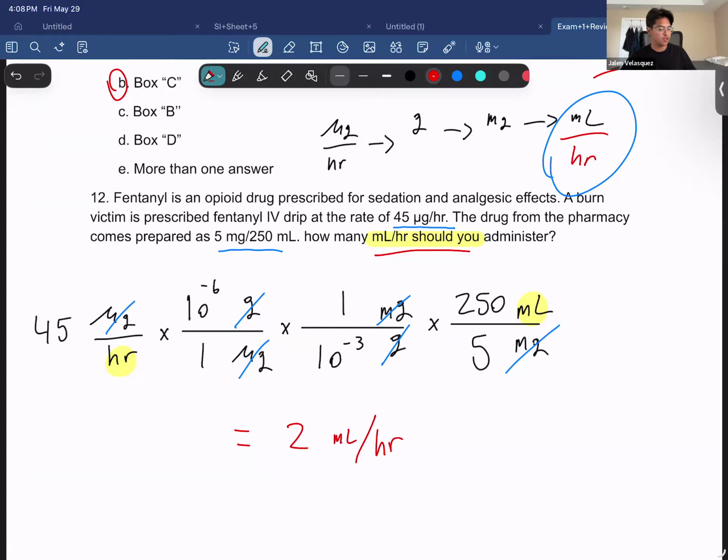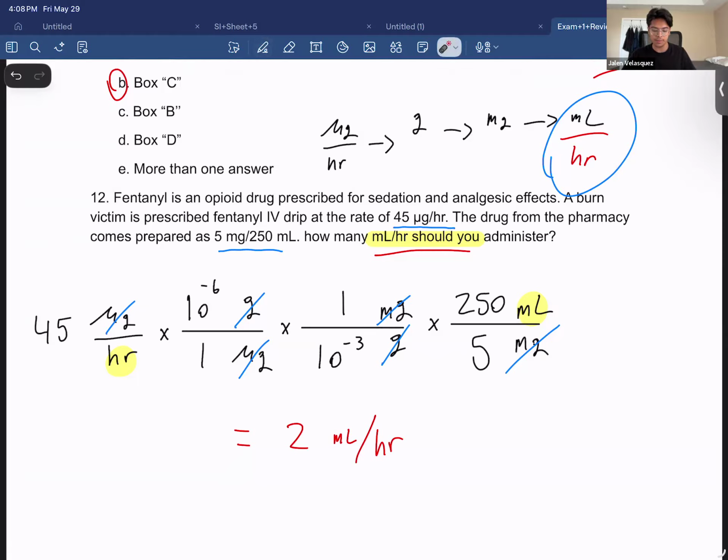I think when you do it, it's about 2.25, but we know we have to use one significant figure because this number here only has one sig fig. Okay, any questions about that?